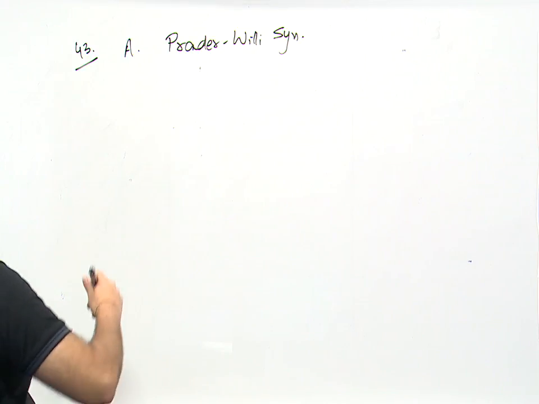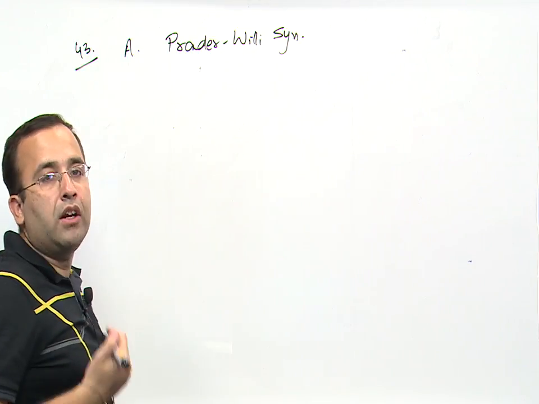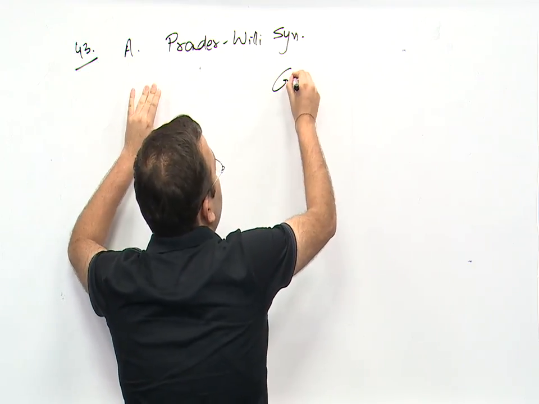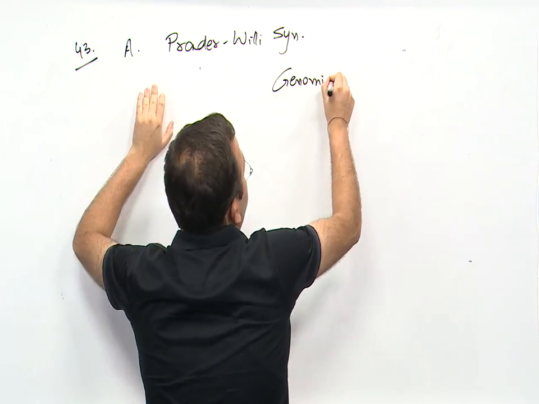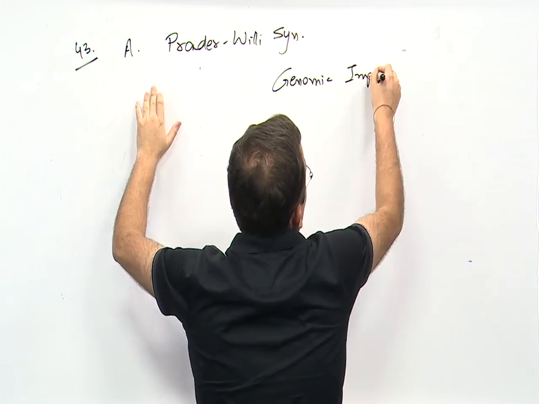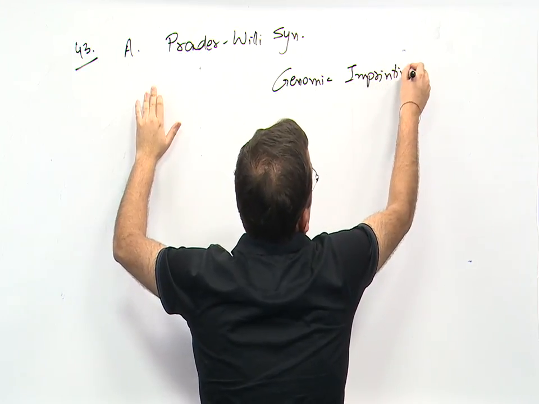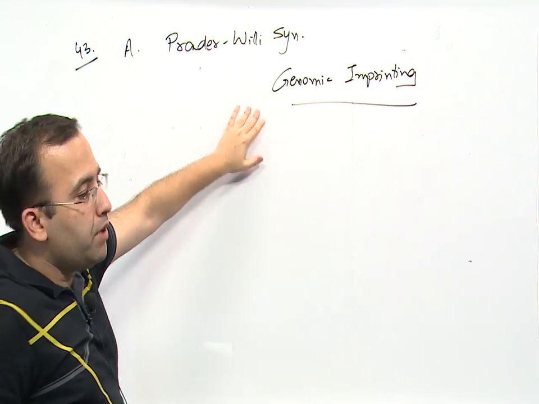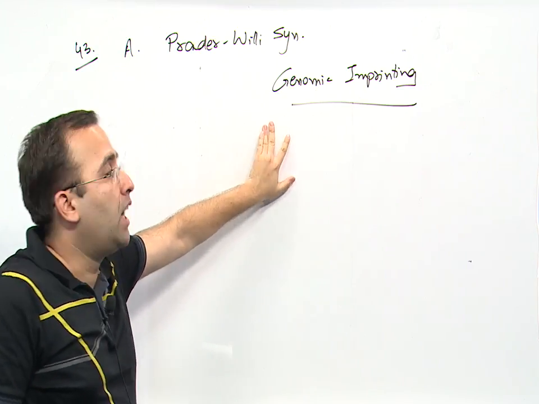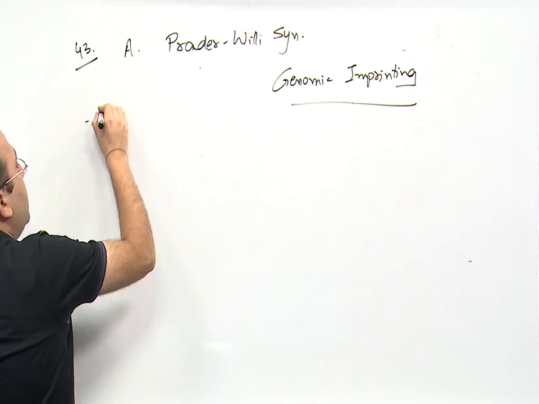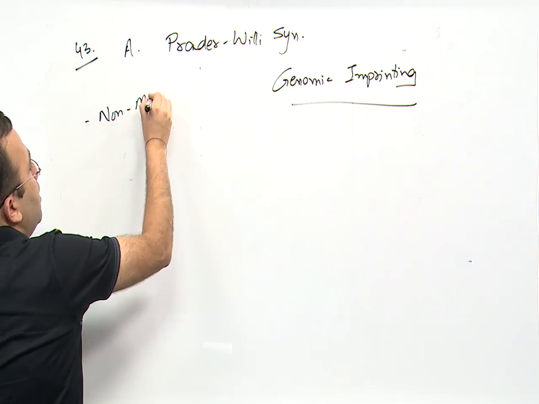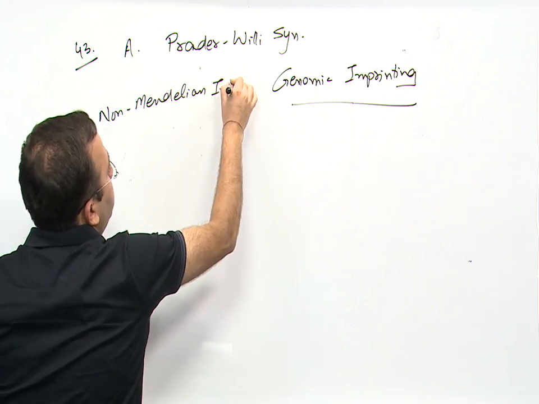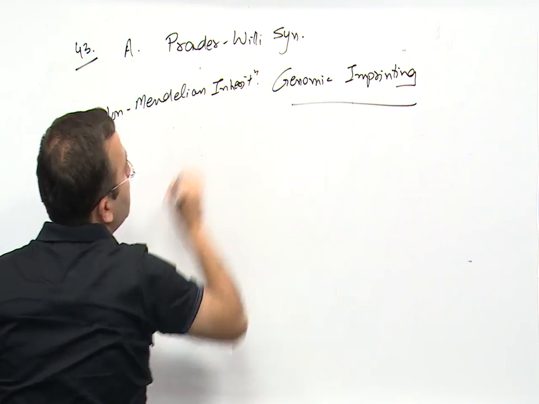So before we go further, let us have a look at what this is. Here we are discussing genomic imprinting. Genomic imprinting is a type of non-Mendelian inheritance.